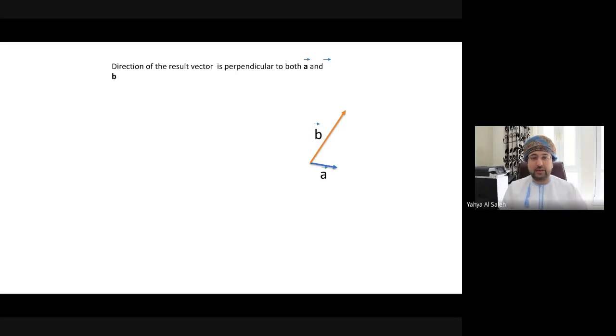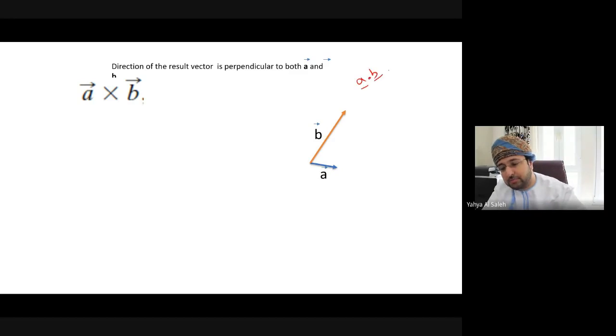And I said A plus B plus C is equal to C plus B plus A. When we spoke about the dot product, I told you that A dot B equals B dot A. So far, so good? Now, the exception is the cross product is not the same.